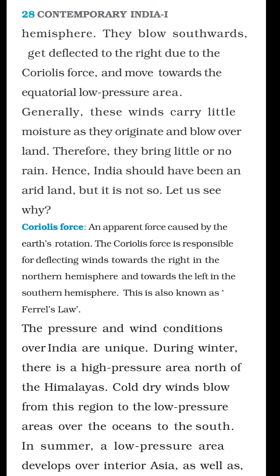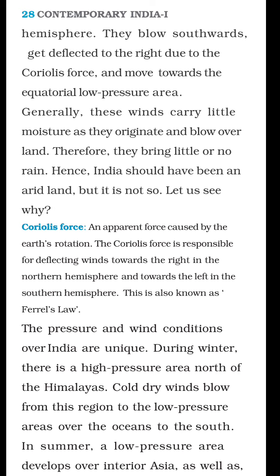When there is a change in the rotation, they slowly move towards the equatorial low pressure area. When the low pressure area sucks the air, it just wants to pull things in. So slowly this air was deflected and moved towards this side.